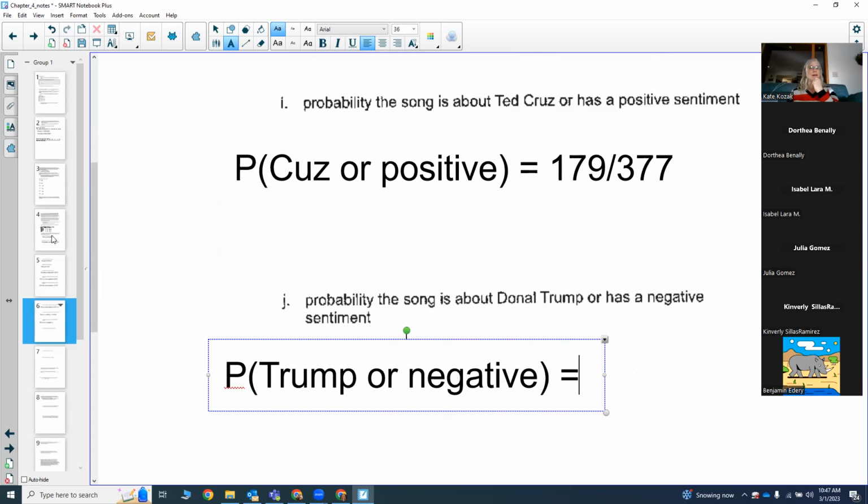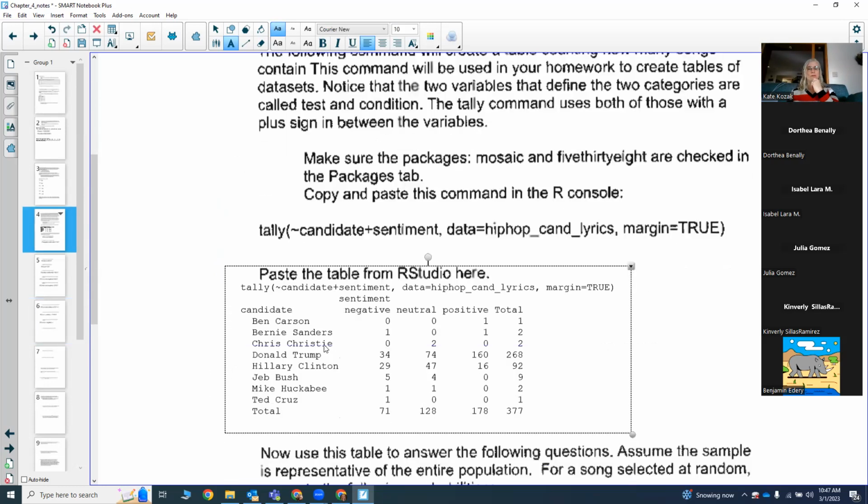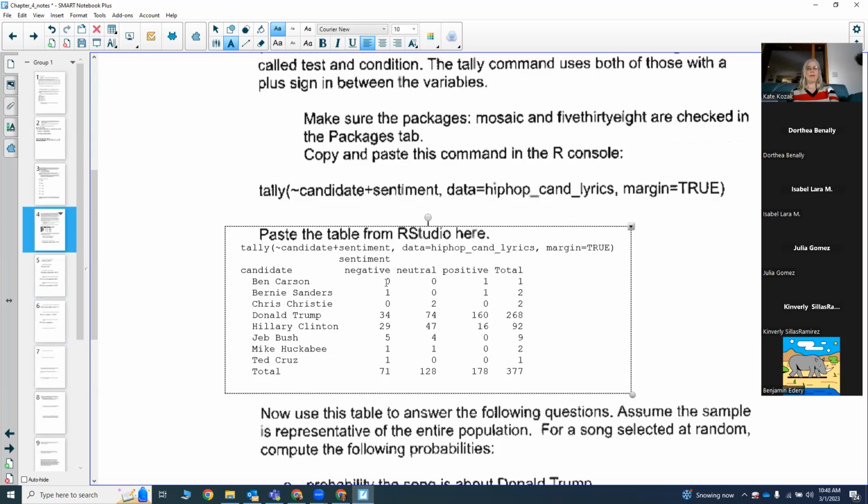All right. So now let's look at Trump or negative. We're going to have this negative: this 0, this 1, this 0, this 34, this 29, this 5, this 1 is 1 and 1. So we have 71 songs that are negative. We have these 30 for Trump, we have these 34, but we already counted that 34, right?